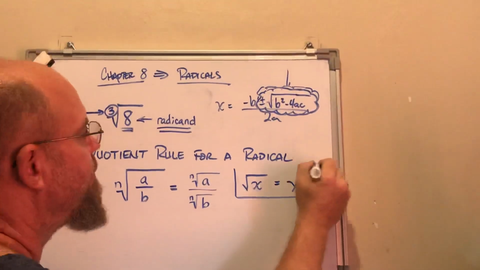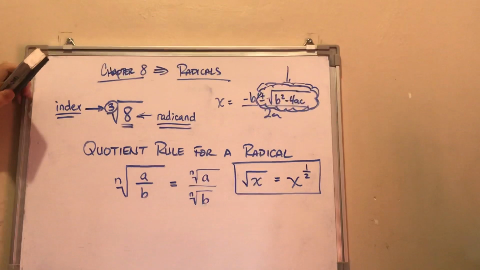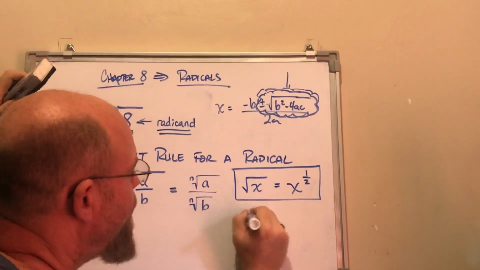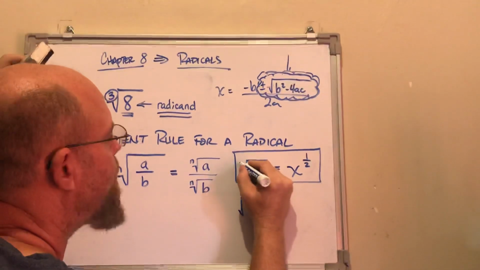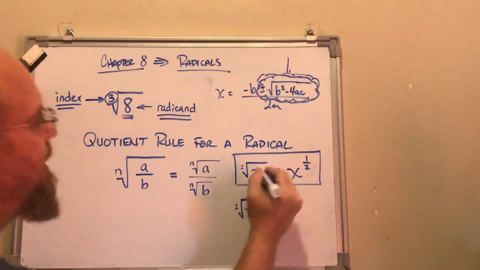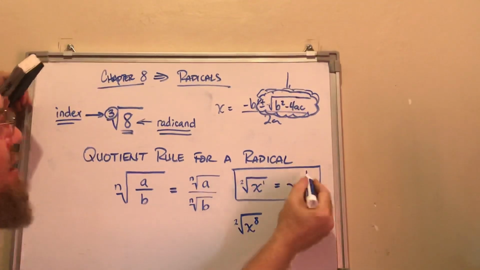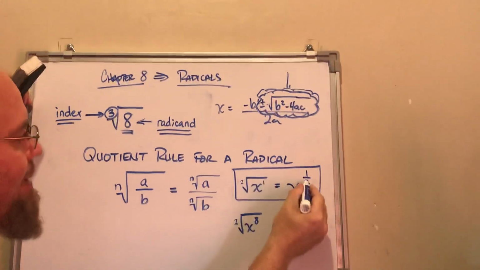Remember, there's a 2 out here, and that's a 1, so you can see where the 1 comes from, and the 2 comes from the index.